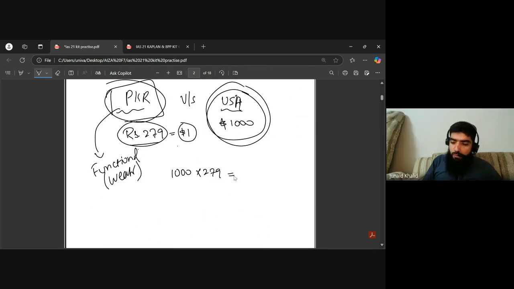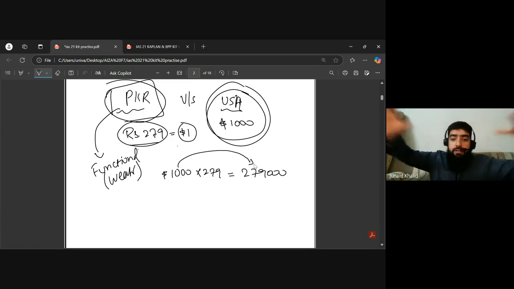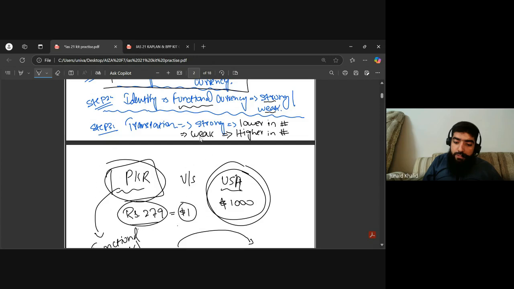So what amount will I get? 1000 multiplied by 279 is 279,000. Just see, once it is converted, it is translated, it is higher in number. So it's proven that whenever your functional currency is weak, the translated amount should be higher in number.